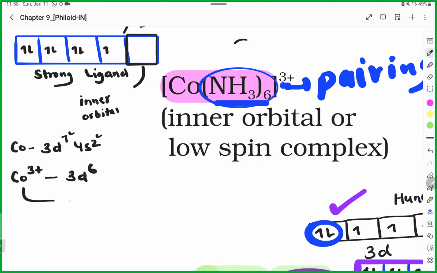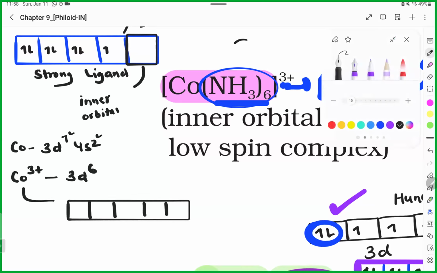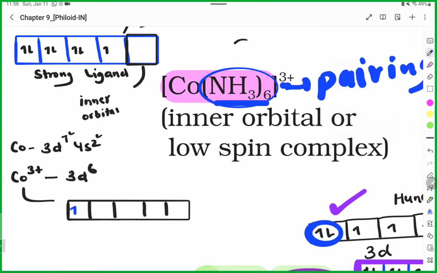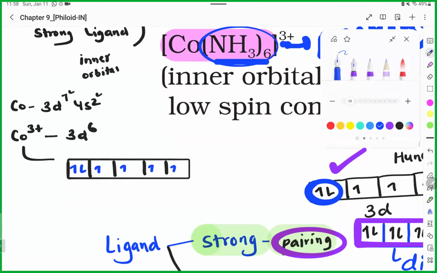If cobalt has 6 electrons and you have a weak ligand: 1, 2, 3, 4, 5, and 6. Correct? Because a weak ligand cannot cause pairing.